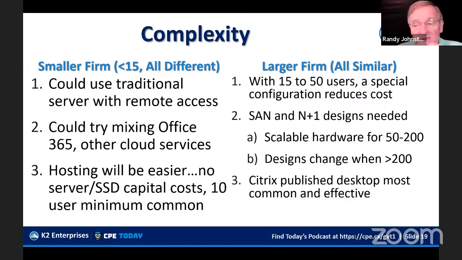That's known as an N+1 design, where we have everything we need plus 1 spare. So you can do very scalable hardware for 50, 200 users, but the designs change again when you get bigger than 200 users. Citrix as a published desktop is the most common and most effective of all of the various approaches that are out there.